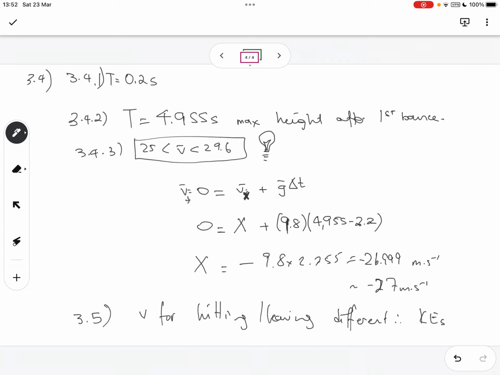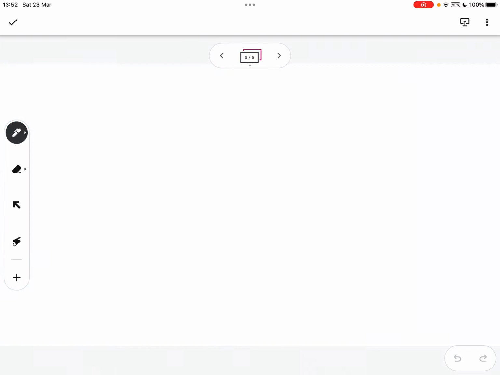Therefore, kinetic energies are different. All right. So that's one type of problem with kinetic energy.